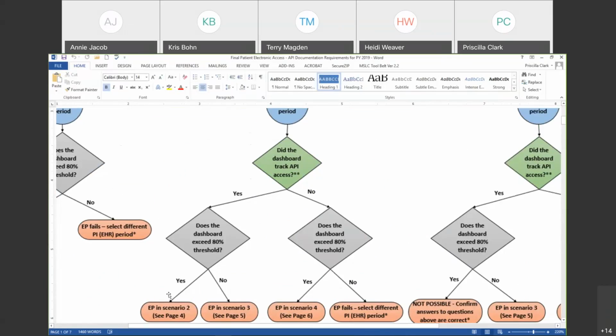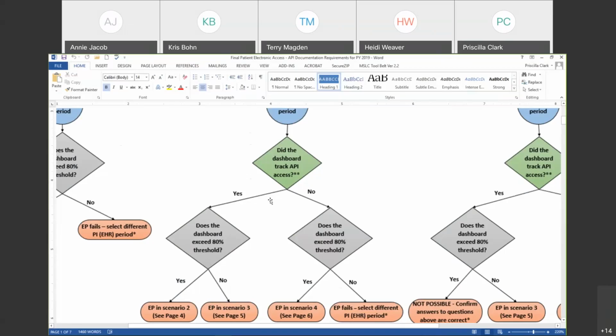If yes, the EP is in scenario 2, and it says, see page 4. Okay, so you can go straight there and determine what documents you need to keep in order to support your answer. If the dashboard did not track the threshold, then you're going to go down the other arrow, which is no. And the EP is in scenario 3, which means you're going to see page 5 of the document.